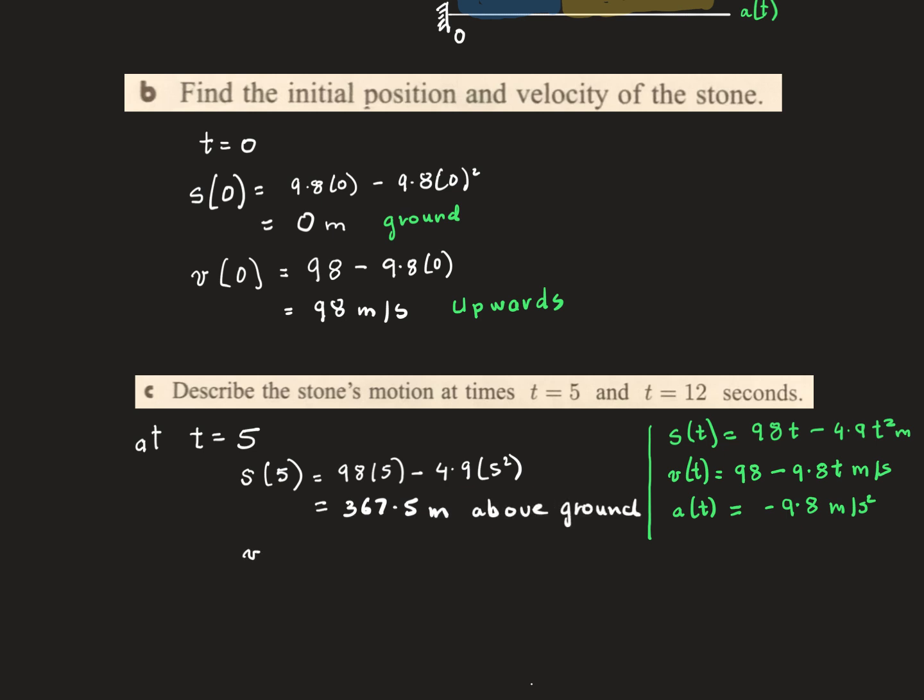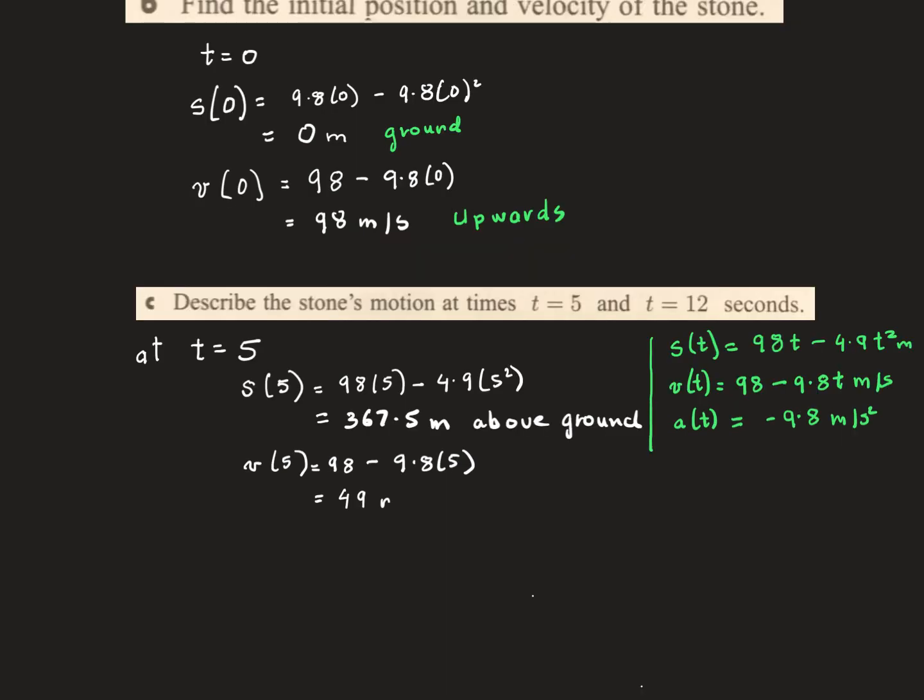And the velocity at 5 seconds will be 98 minus 9.8 times 5, and that will be 49 meters per second upward.